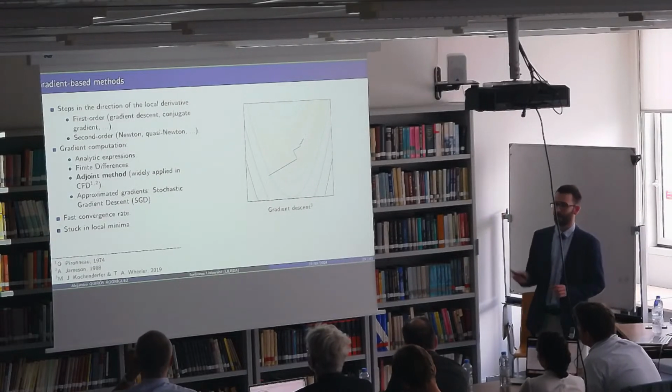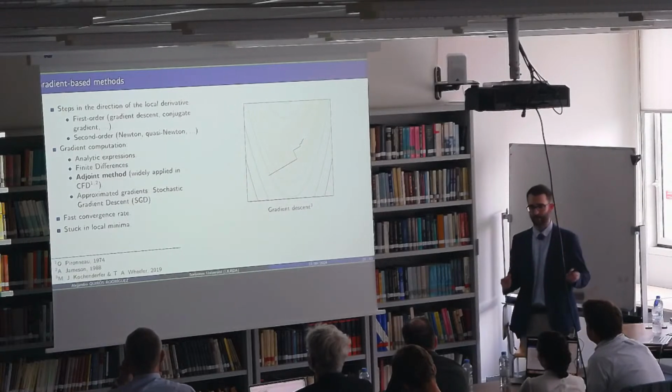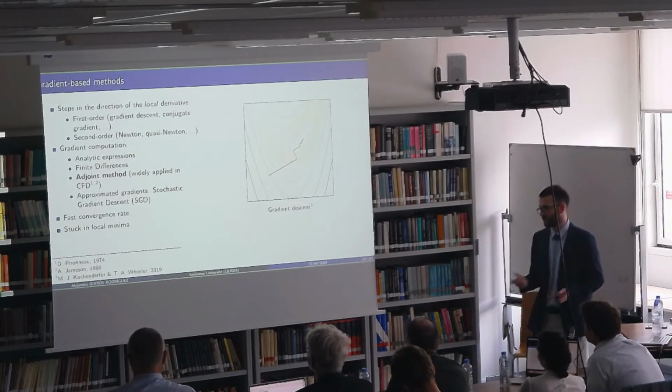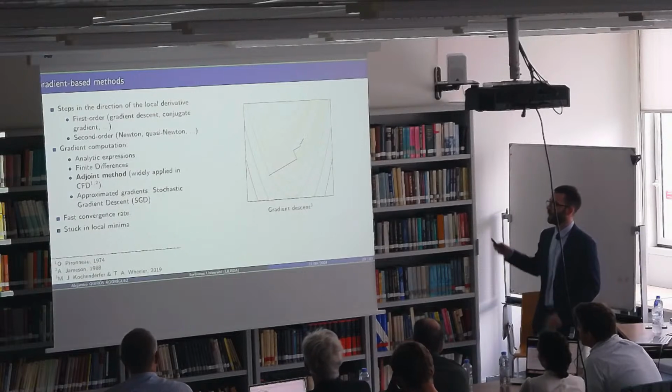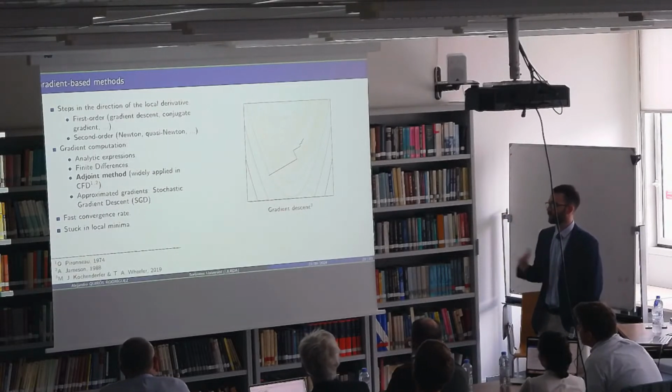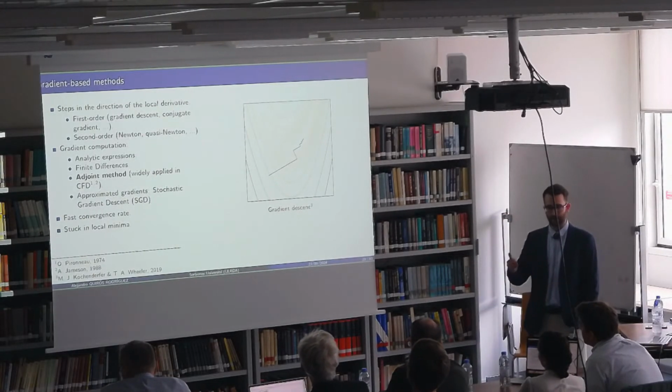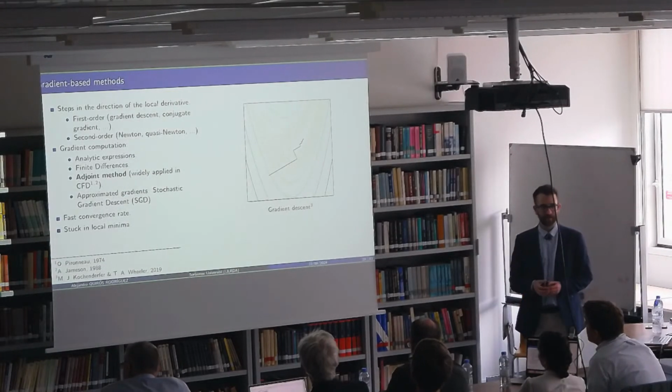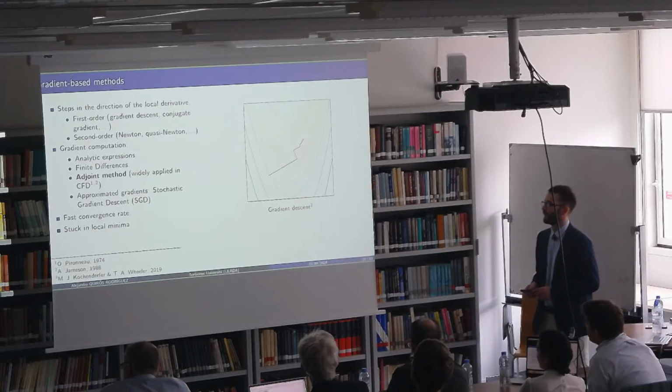So we could use analytical expressions if we had the exact definition of our objective function, which is not the case in fluid mechanics. We could use finite differences, which require one function evaluation per dimension of our problem, and therefore for very high dimensional problems they don't work so well because they are very expensive.